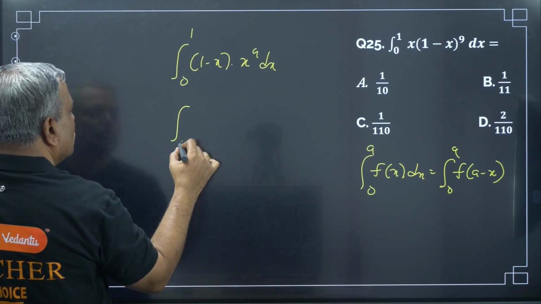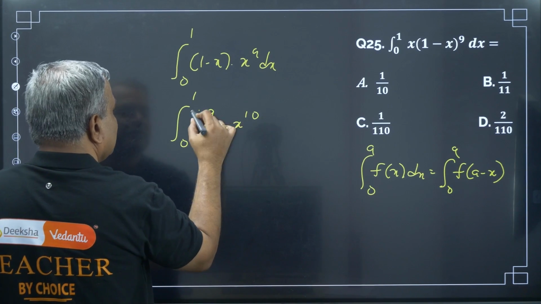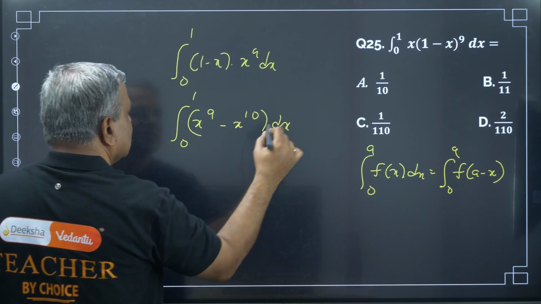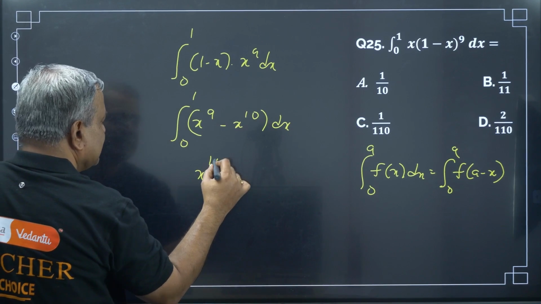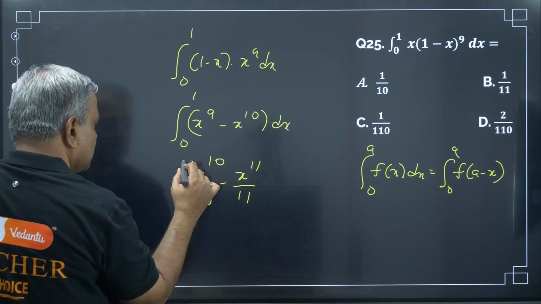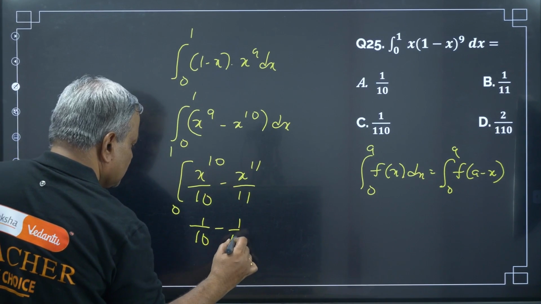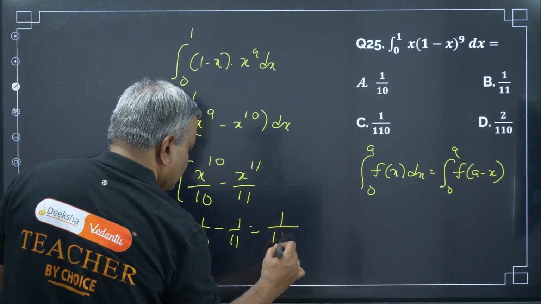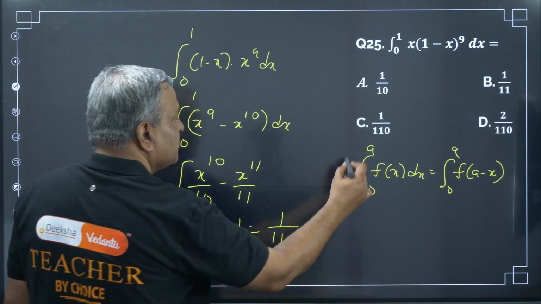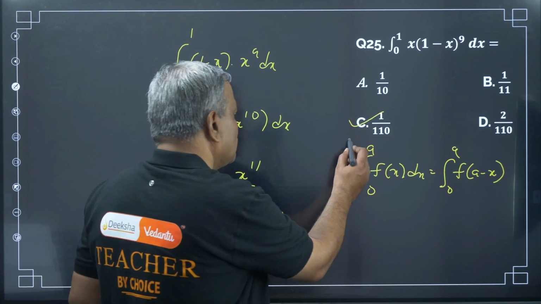So this will give you integral 0 to 1 of x to the power 9 minus x to the power 10 dx. This will give you x to the power 10 by 10 minus x to the power 11 by 11. Limits are from 0 to 1. So 1 by 10 minus 1 by 11 is 1 by 110. Option C is correct. Applying the concept, this is the concept used.